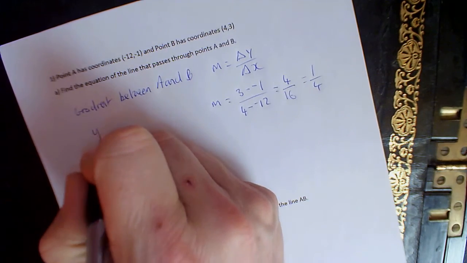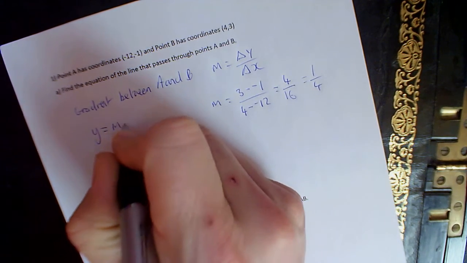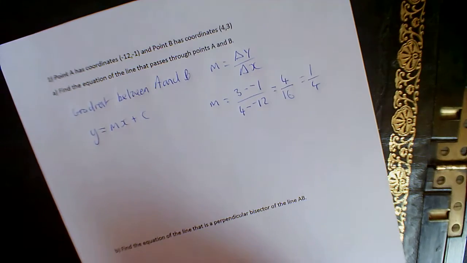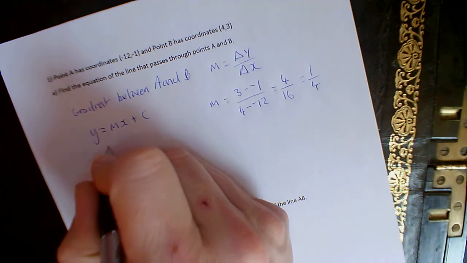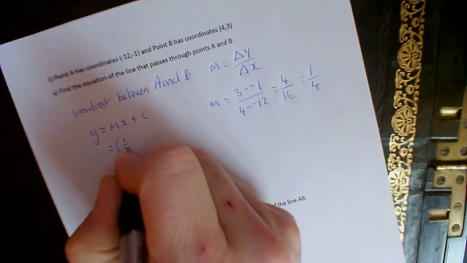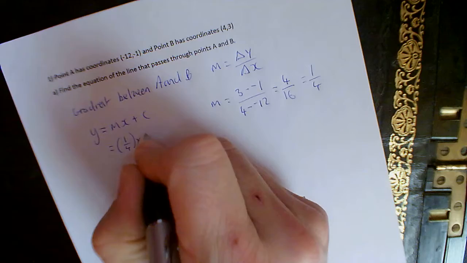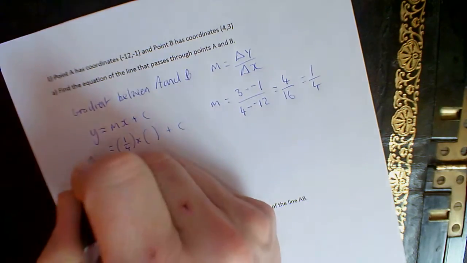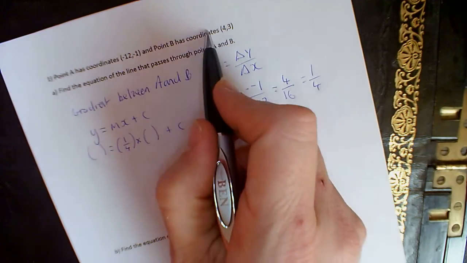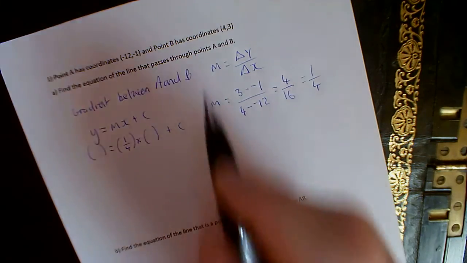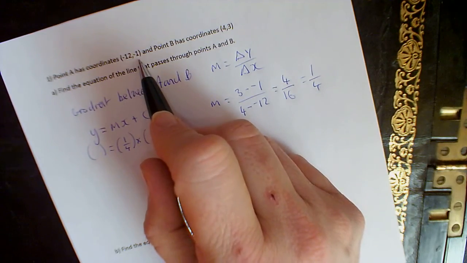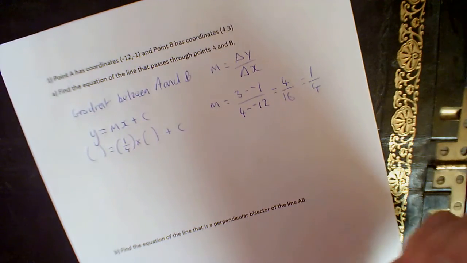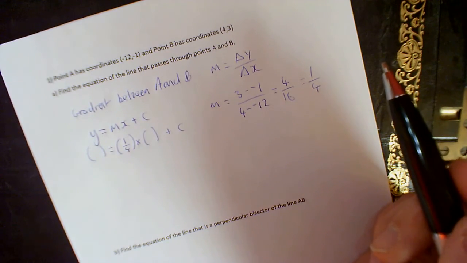So we use our form y equals mx plus c, and I do some substituting. I can say, well, m is a quarter. And I choose one of these points to substitute in. I've got one with negative numbers and one with positive numbers, so for me that's a simple decision.